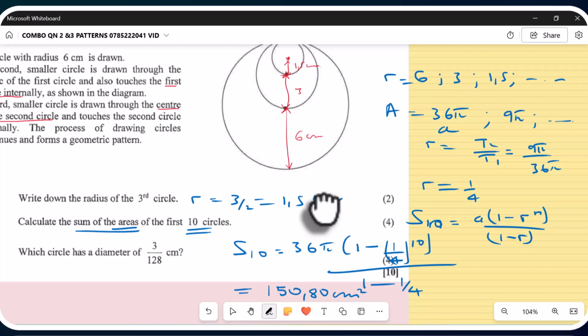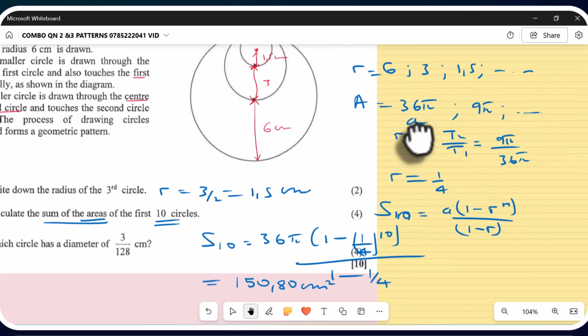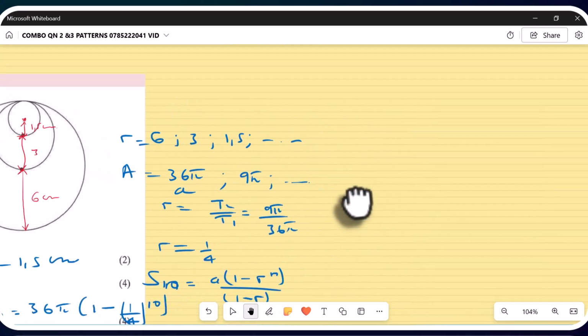So divide by 2, which gives us 3 over 256 here. But then I'm interested in the circle with this radius now.